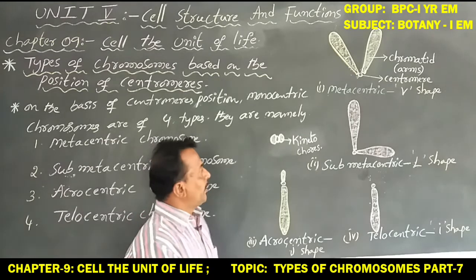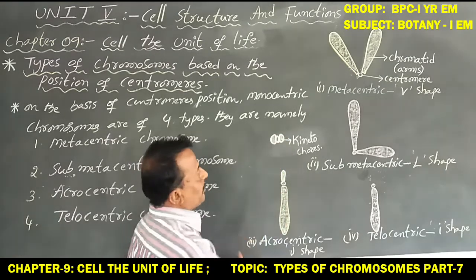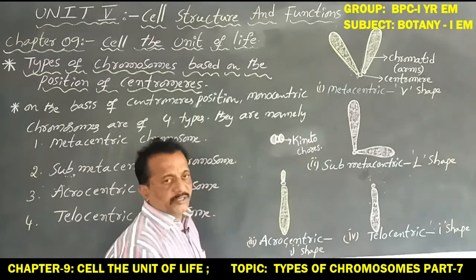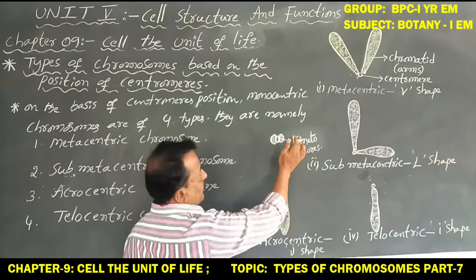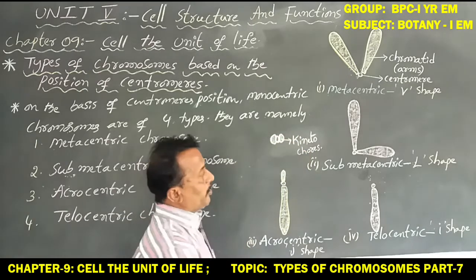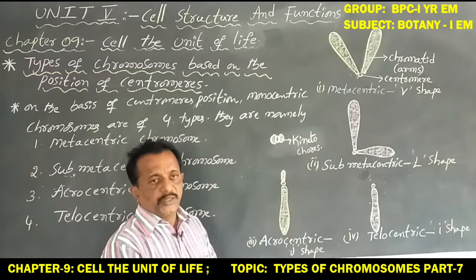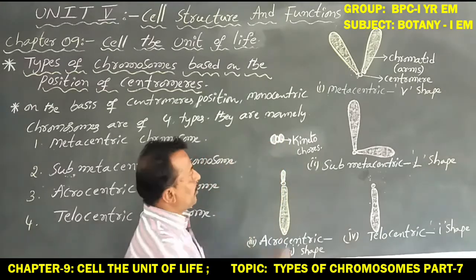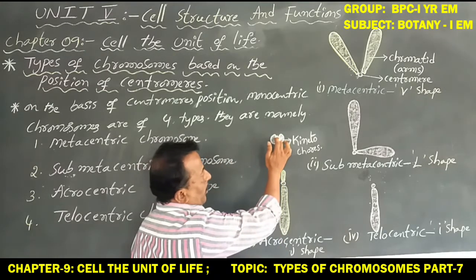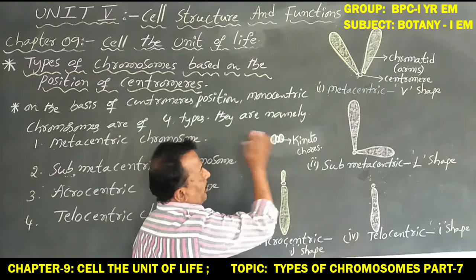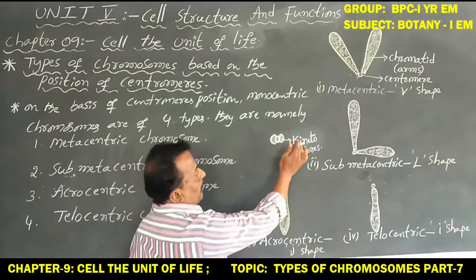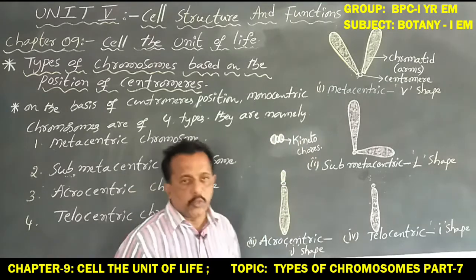The centromere contains two disc-like structures known as kinetochores. Kinetochores are two disc-like structures present on either side of the centromere.